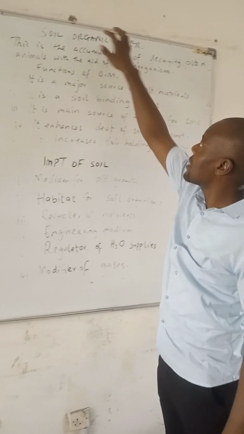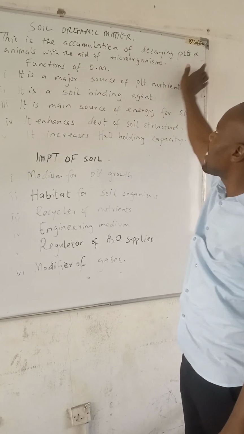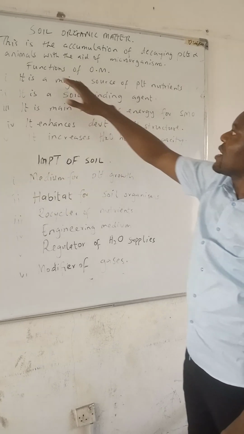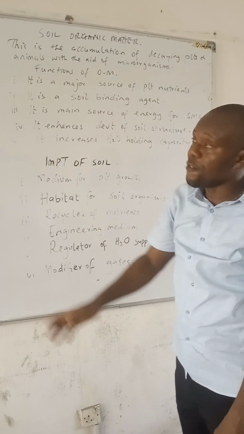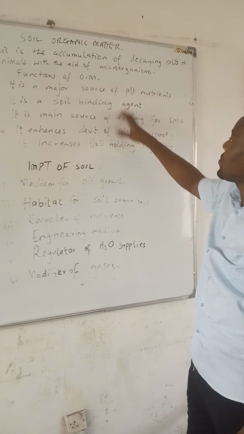Microorganisms are the ones that act on decaying plants to form soil organic matter. Okay. Now, soil organic matter has different functions, many of them, but we have these few.